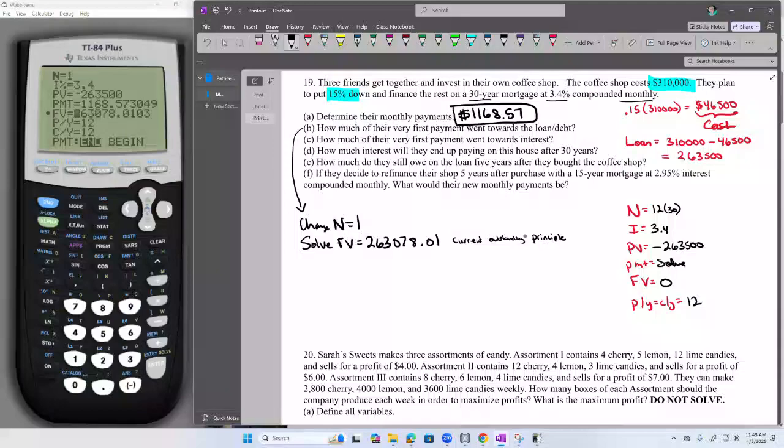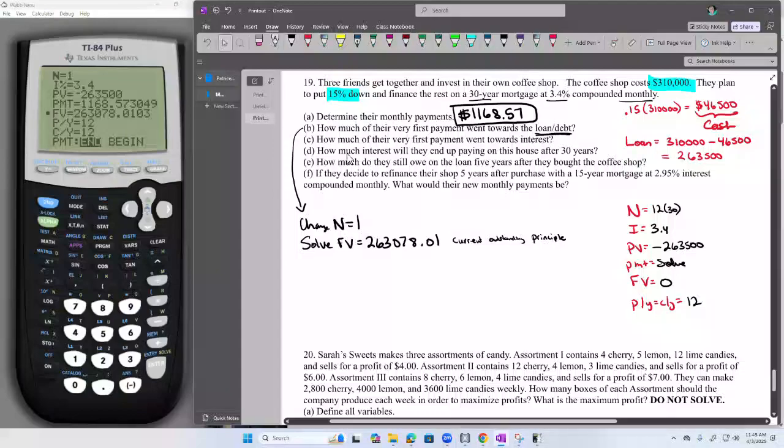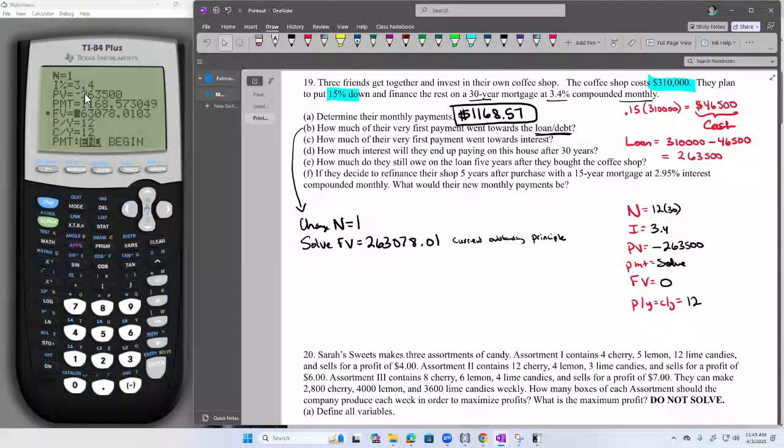And so to find out how much of their very first payment went toward their loan or debt, look at it. This was the present value, this was the loan, but this is now the loan. So you need to subtract those two. So for part B, you need to do 263,500 minus 263,078.01.